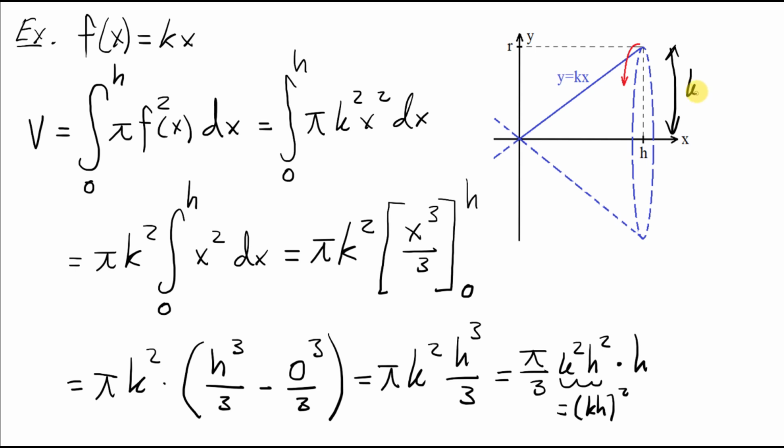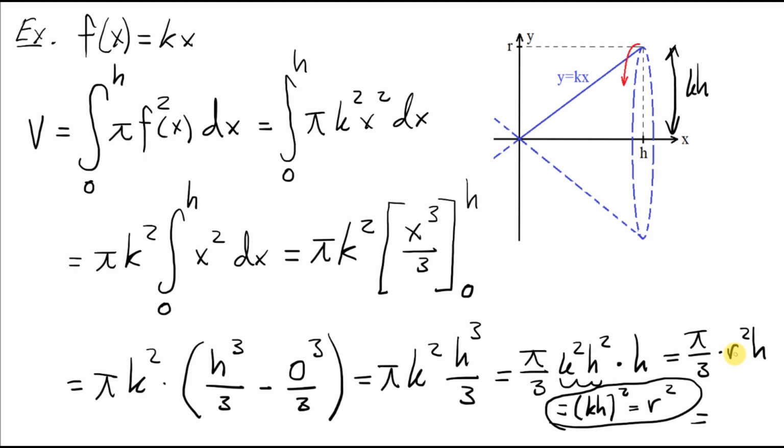So this side here is kh, the radius of the base. So we have radius squared. So we can write this as pi thirds times the radius squared times h.